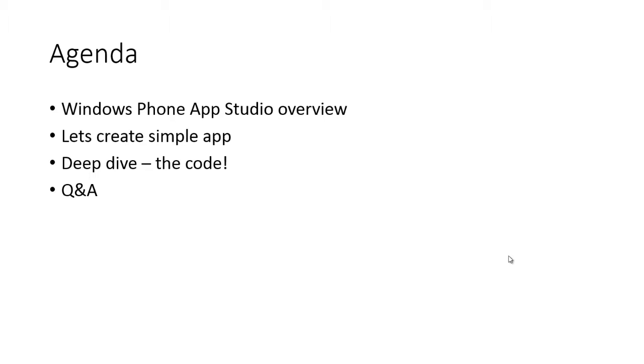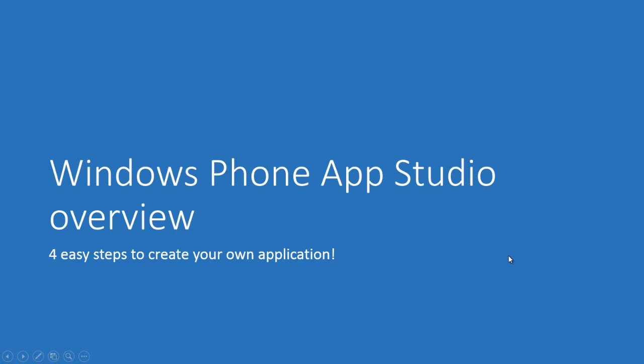At the end is the Q&A section, but according to that, we are recording webcasts. You won't be able to ask those questions live, but feel free to use one of three channels mentioned on the bio page. So let's start with Windows Phone App Studio overview.